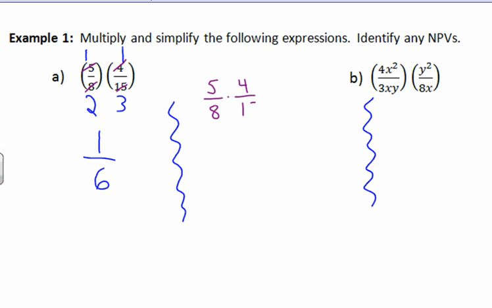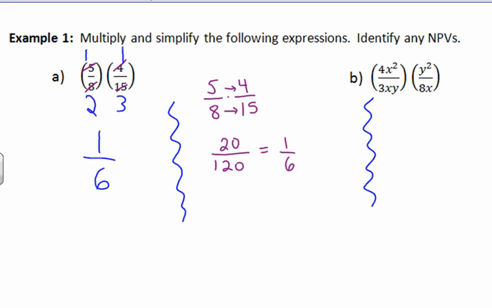Times them across and then reduce. Okay, so you got 5 times 4 is 20 over 120. We can divide both of those by 20. Or if you only notice 10, then you get 2 over 12, and reduce that to 1 over 6. Okay, so both would be fine, right? Multiply straight across, then reduce, or reduce, then multiply.